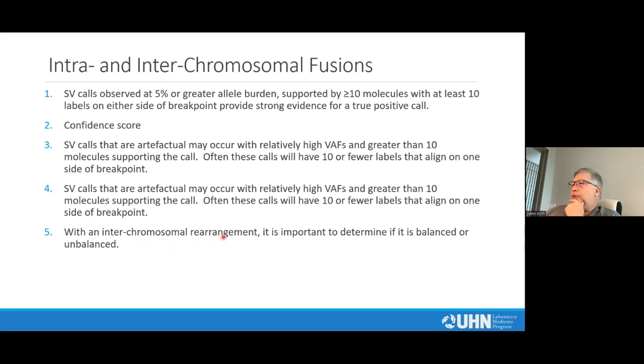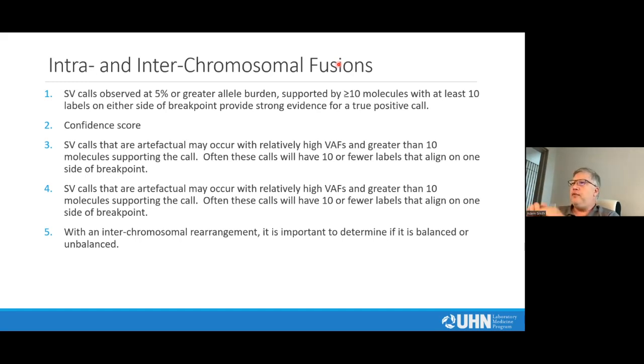With an interchromosomal rearrangement, it is important to determine if it's balanced or unbalanced. Normally we can see this by having two maps, so that one map relates to one derivative chromosome and the other map relates to the other derivative chromosome. You can do this just by going through each of the calls and looking at the maps using the show all function.